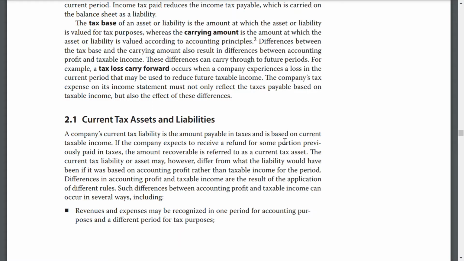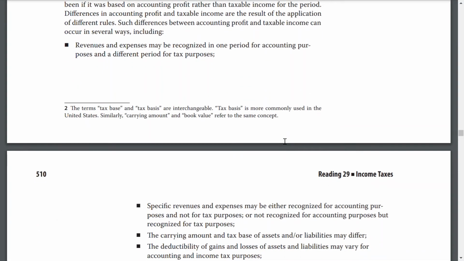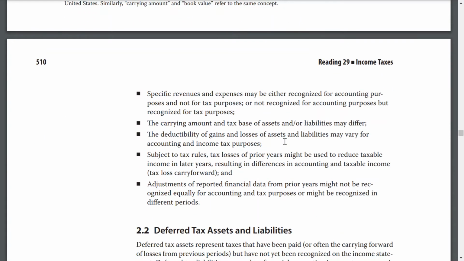Such differences between accounting profit and taxable income can occur in several ways, including revenues and expenses. Revenues and expenses may be recognized in one period for accounting purposes, but in a different period for tax purposes. Specific revenues and expenses may be recognized for accounting purposes but not for tax purposes, or not recognized for accounting purposes but recognized for tax purposes.